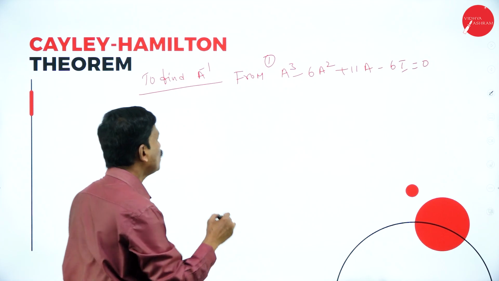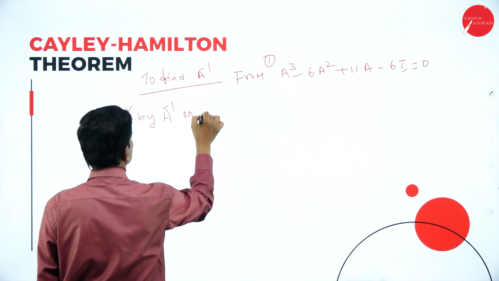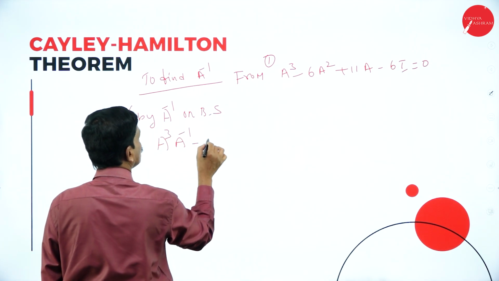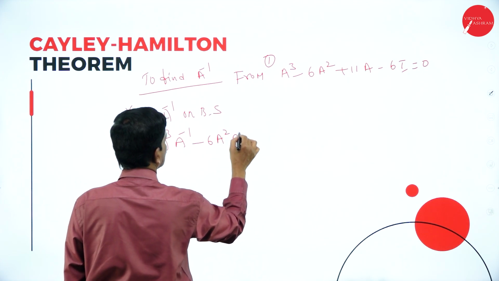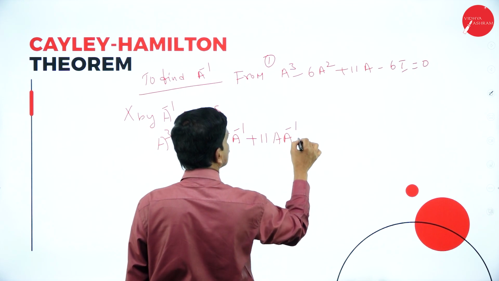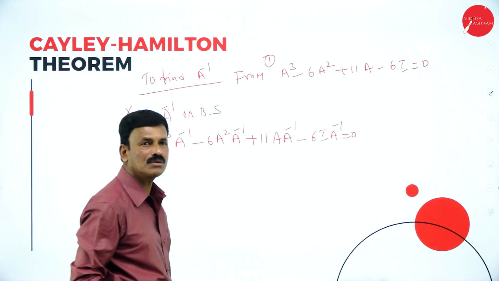Now just multiply by A inverse on both sides. What happens? This is A cube into A inverse minus 6A square into A inverse plus 11A inverse minus 6I A inverse is equal to 0. Right.